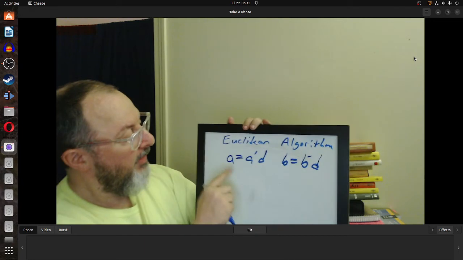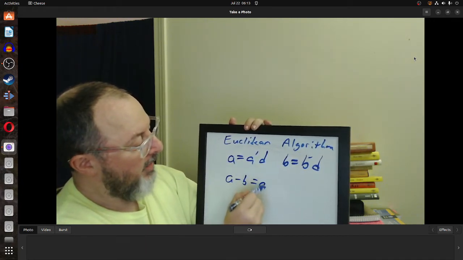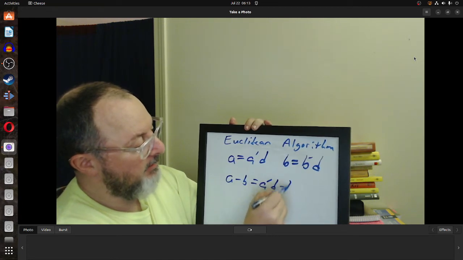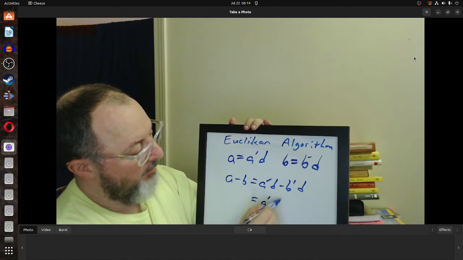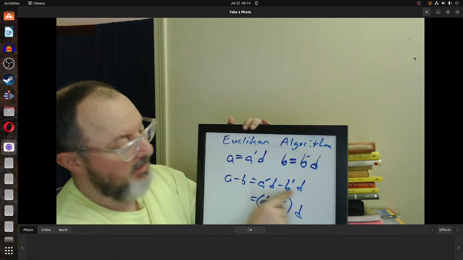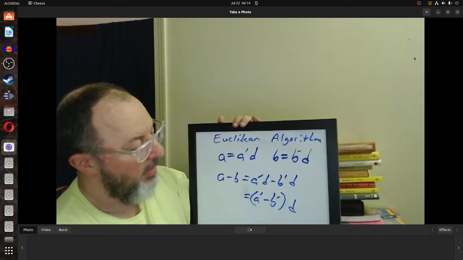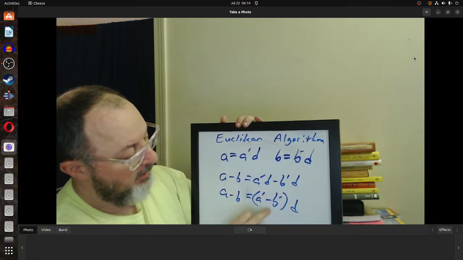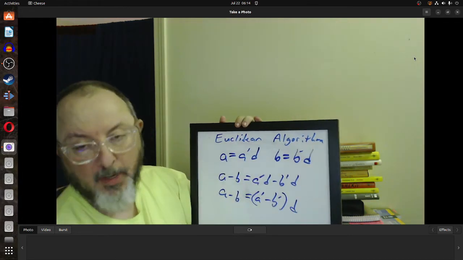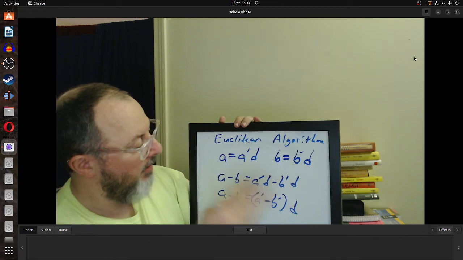So we know that A minus B is A prime D minus B prime D, which is A prime minus B prime times D, as this is a common factor, the distributive property. Now A prime and B prime are considered to be integers, natural numbers.